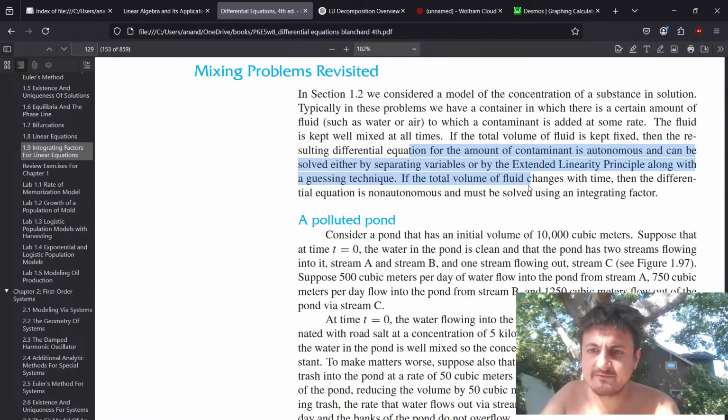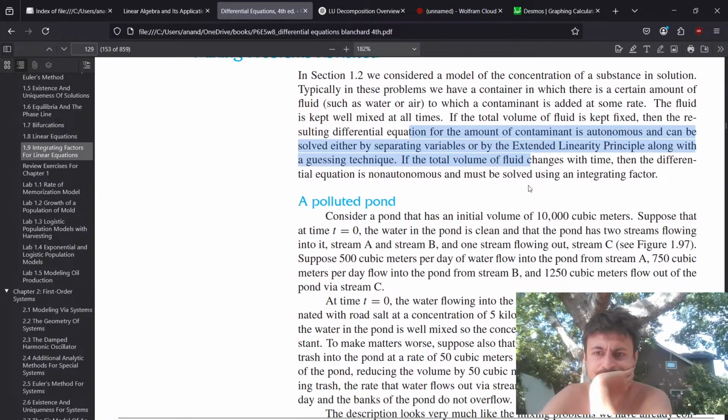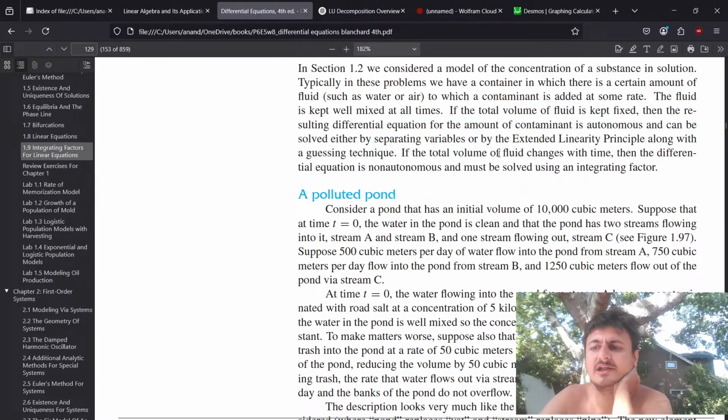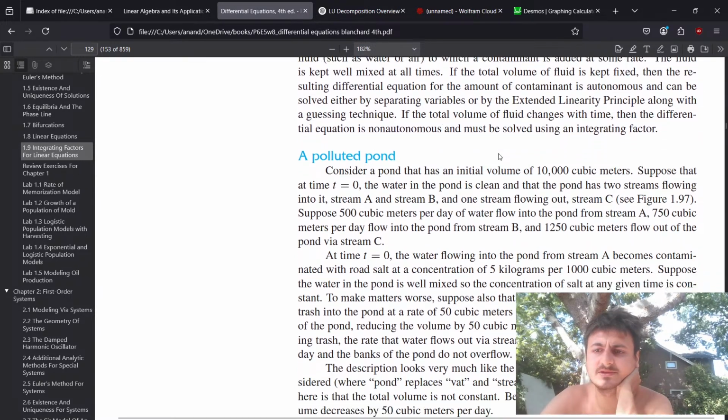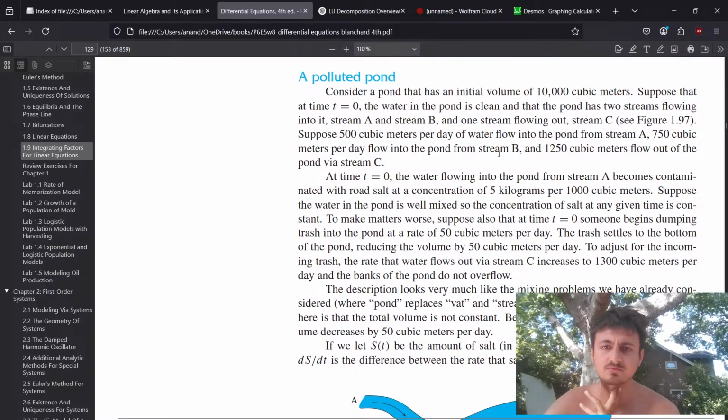It can be solved by separating variables. If the total volume of fluid changes, then the differential equation is non-autonomous and must be solved using integrating factors. Okay, cool. All right, let's do this example.